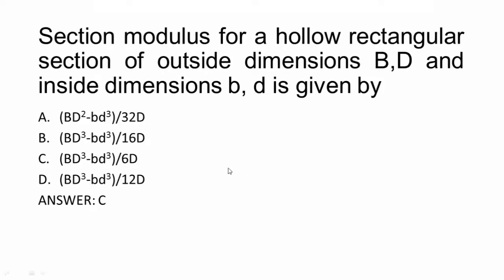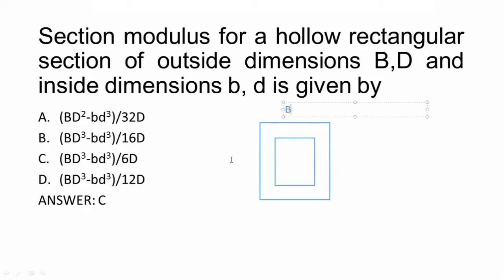So it is a matter of small derivation. So if you see, this is our outside rectangle and this is inside rectangle. Our outside dimensions are capital B and capital D. Inside dimensions small b and small d.